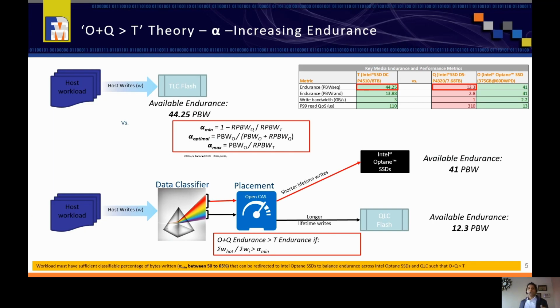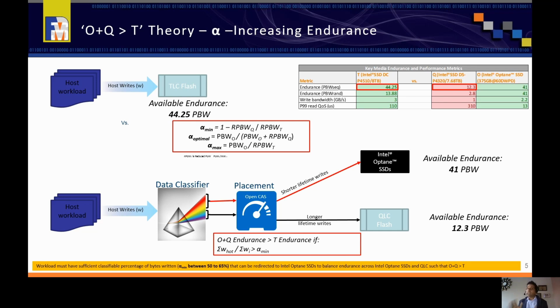Now I want to drill down on our two key metrics, alpha and beta, a little bit more. So let's drill down on this slide on alpha and understand how we make endurance of O plus Q better than the endurance of T. Here on the top left first, the workload is hitting TLC, and this workload has the available budget of 44.25 petabytes that it can write over the life of the TLC SSD.